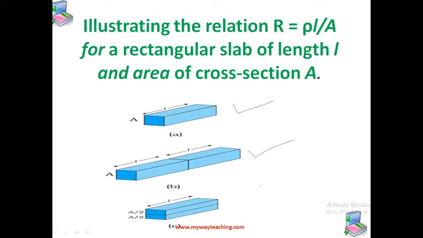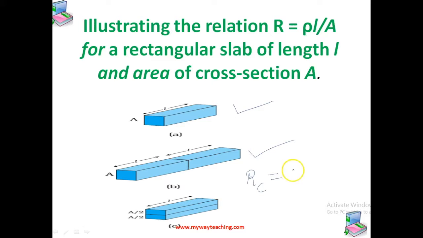And the current through the combination is I, isn't it? The resistance of the combination we can write as RC.